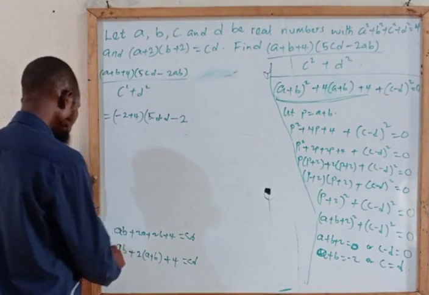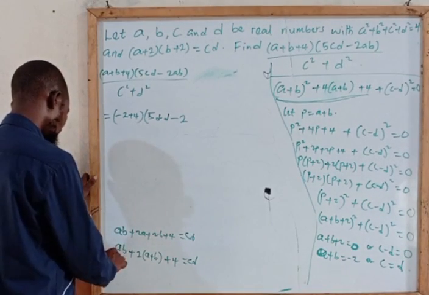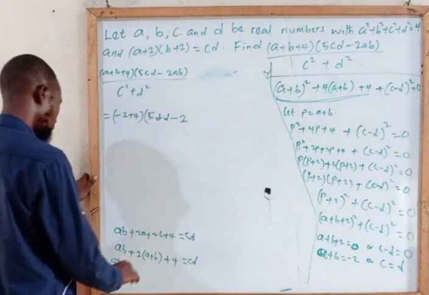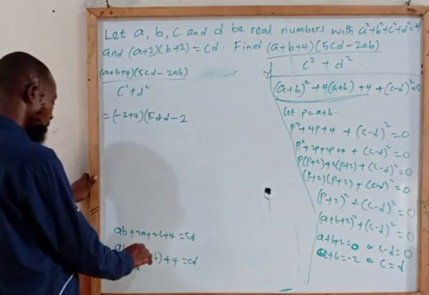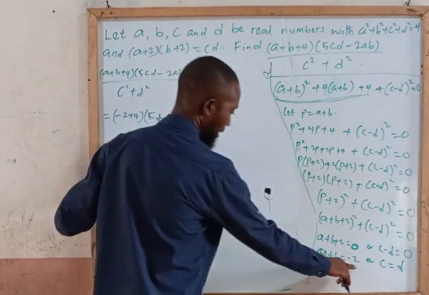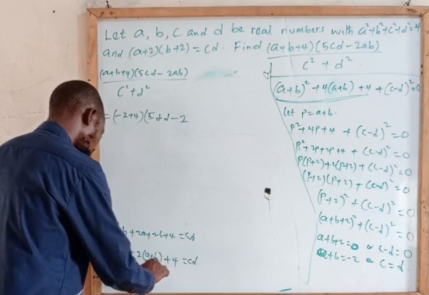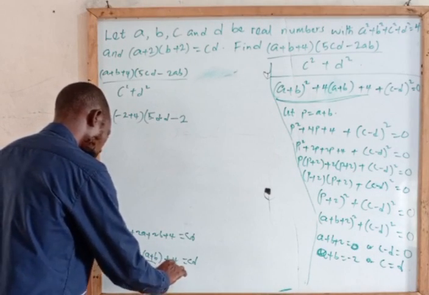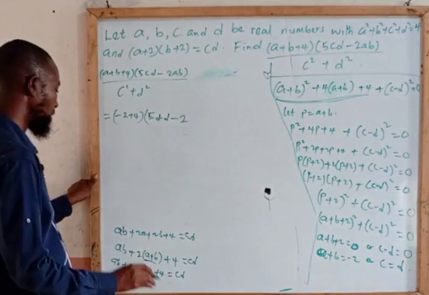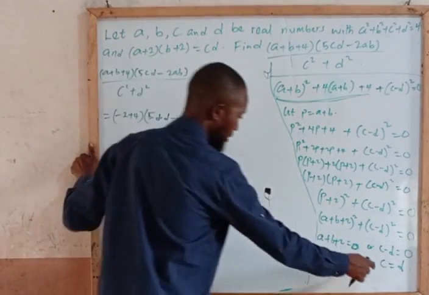All right, so here I can say AB plus 2 times, look at A plus B. A plus B has the value of minus 2, multiplied by minus 2, plus 4 is equal to CD.